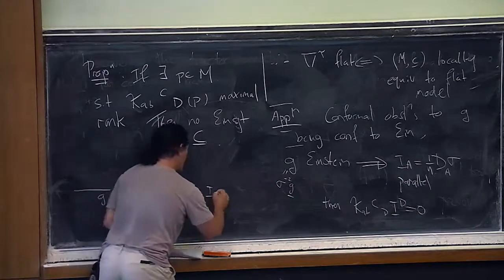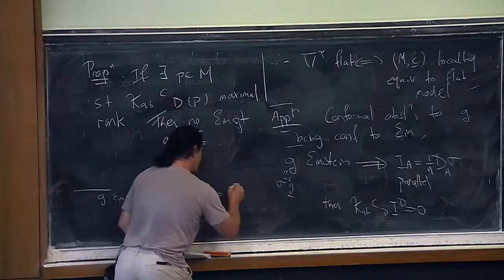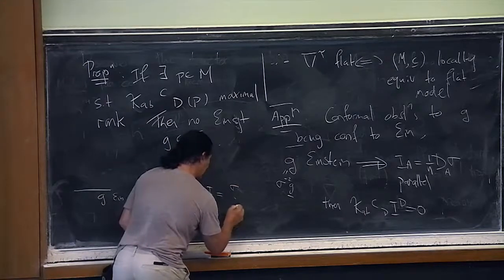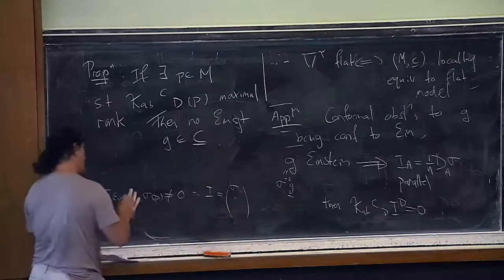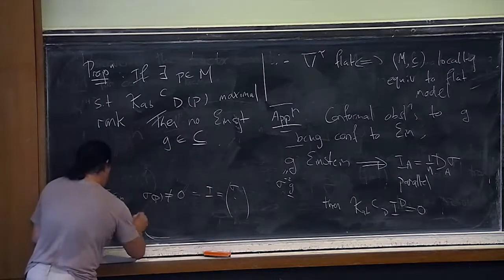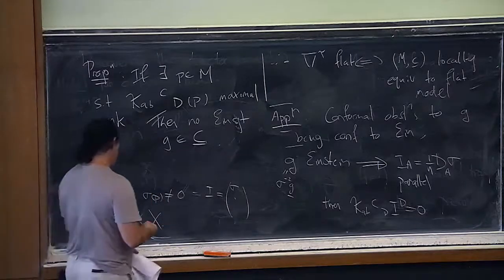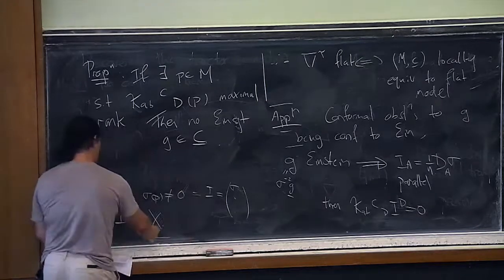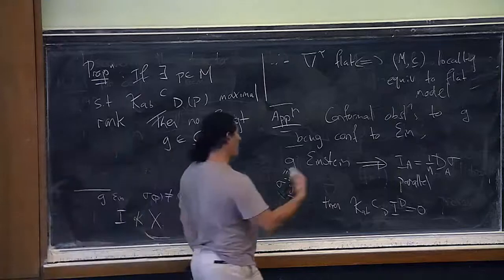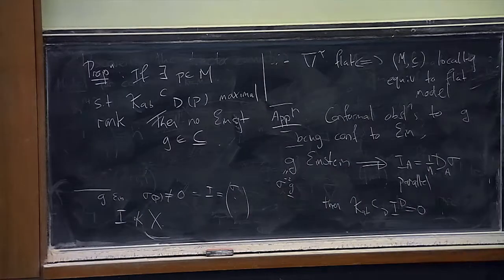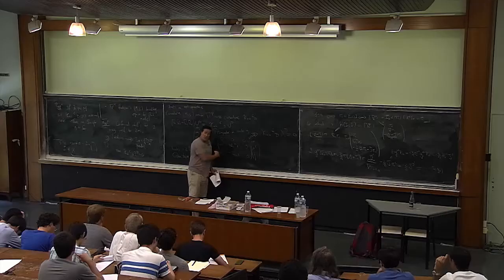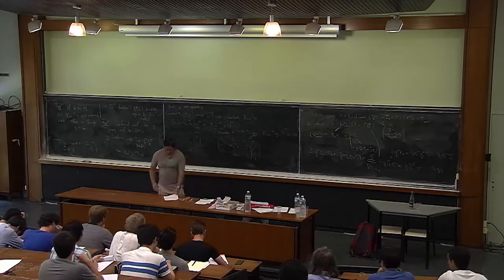So I equals sigma, and so on, and then things down here. So I is not proportional to x. So if it's an actual Einstein metric, it's not proportional to x. So you can only have something parallel if this is not maximal rank in that sense.